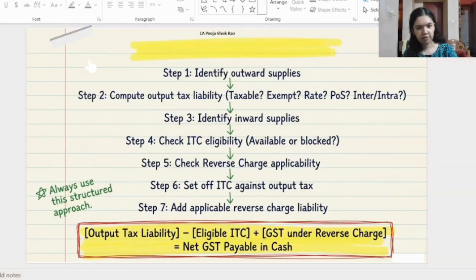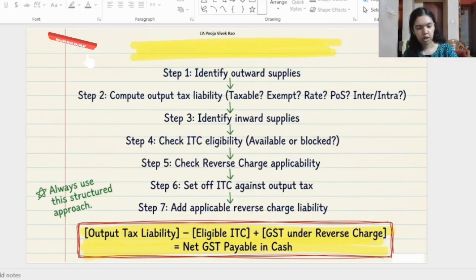Next, some tips were given on how to tackle this compulsory question. Whenever you see a question requiring computation of the net GST payable in cash, think in a structured manner. Broadly your approach should be as follows. Step number 1, identify outward supply. The first step is to separate the outward supplies from the inward supplies.